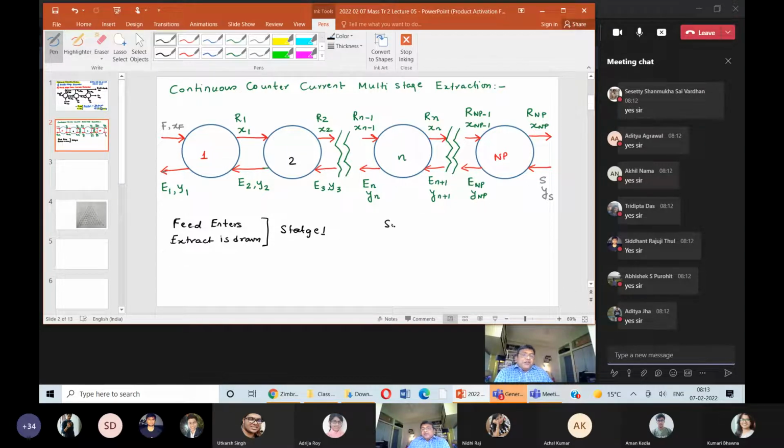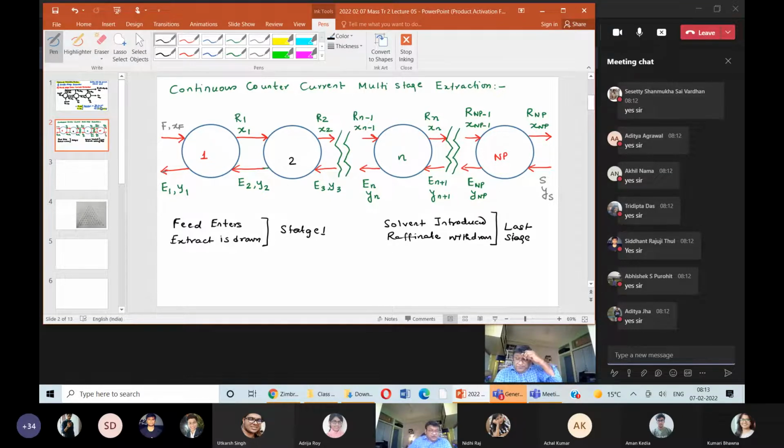And solvent is introduced and raffinate withdrawn at the last stage.